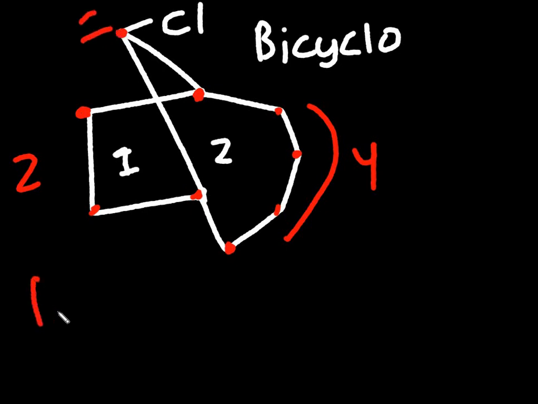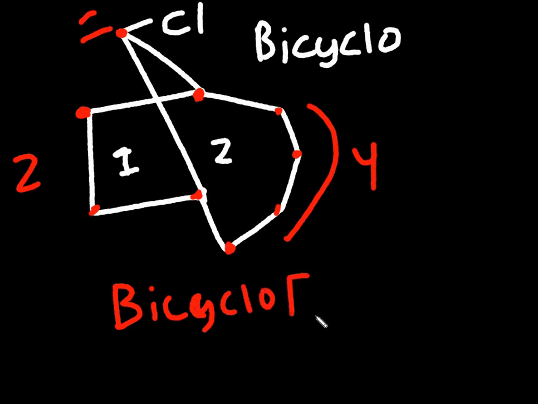So again, we have bicyclo 4, 2, 1. If we count the number of carbons that we have, it totals up to 9. 1, 2, 3, 4, 5, 6, 7, 8, 9.